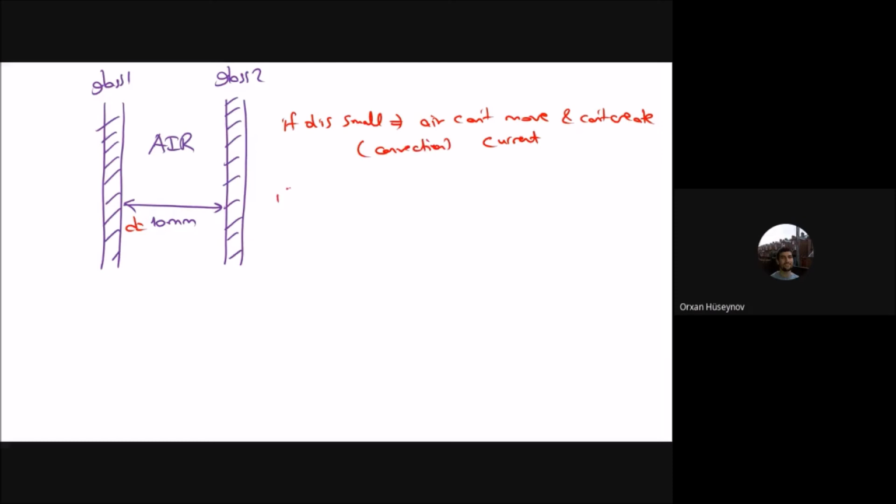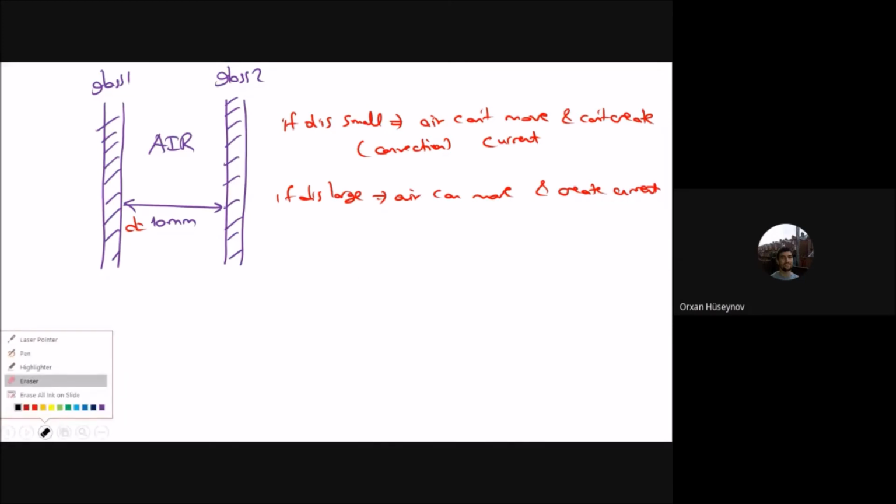And if D is large, air can move and create current. So if air doesn't move, if D is small, you will have the K value, because it is stationary. If D is large and the air can move, you will have the H value. And H is greater than the K value.